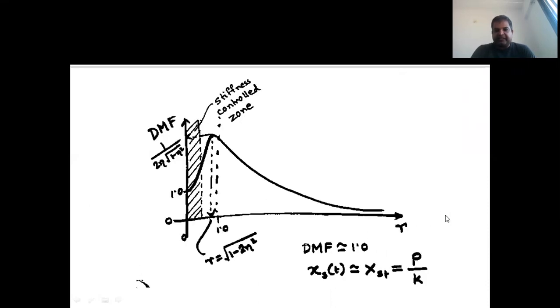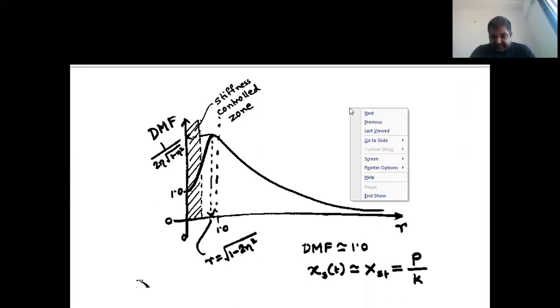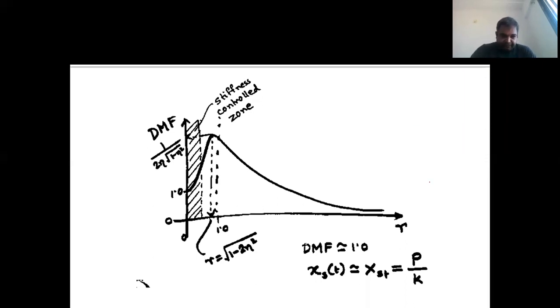Then what are the different components of this dynamic magnification factor? If you remember the first case, you can see your peak is very near to 1, or just before 1.